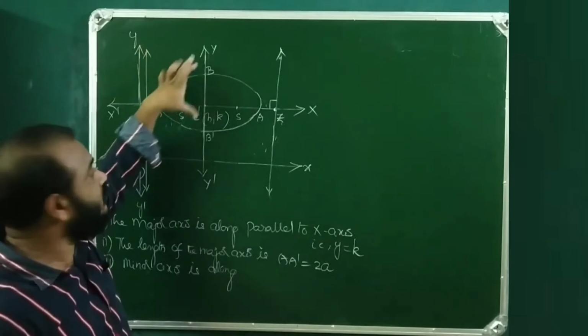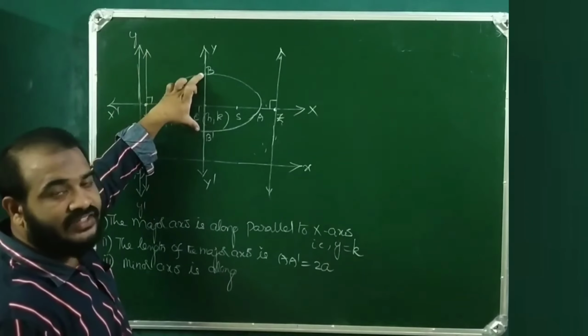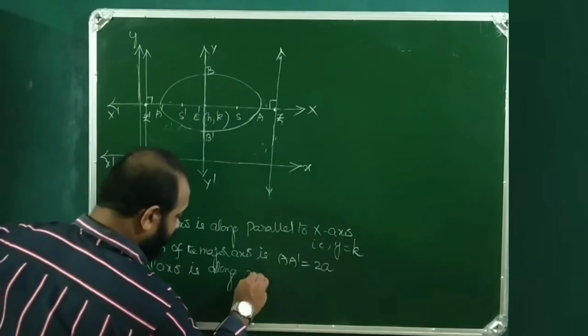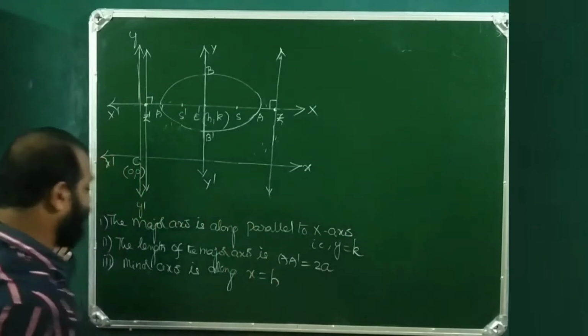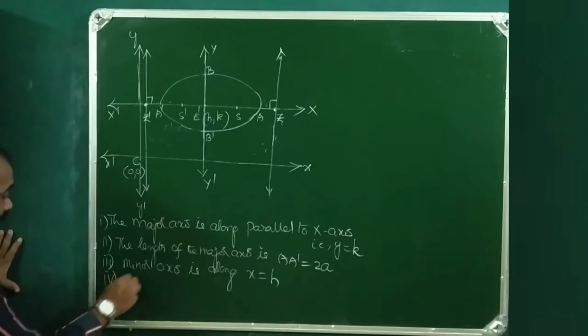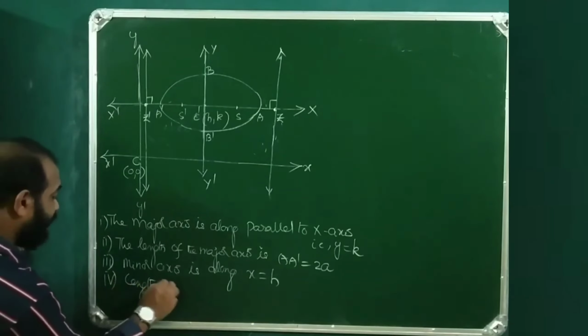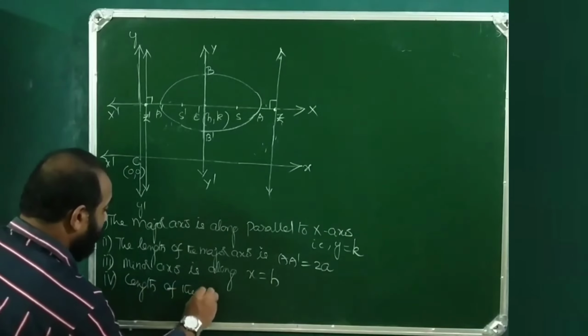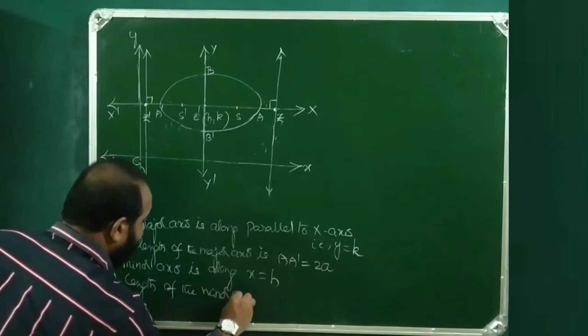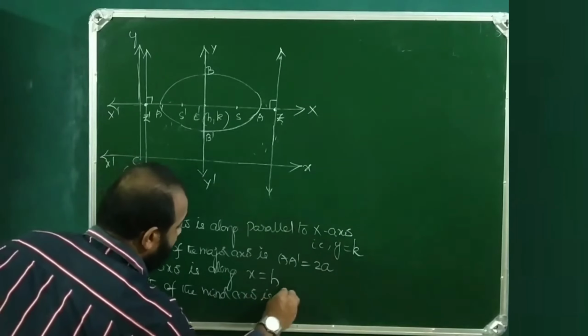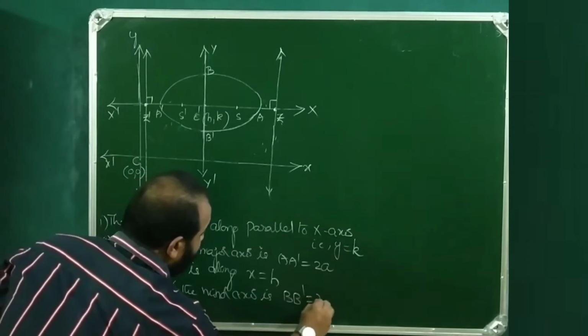Earlier the minor axis is the y axis, x equals 0. Here x equals h. And the length of the minor axis, b dash, is equal to 2b.